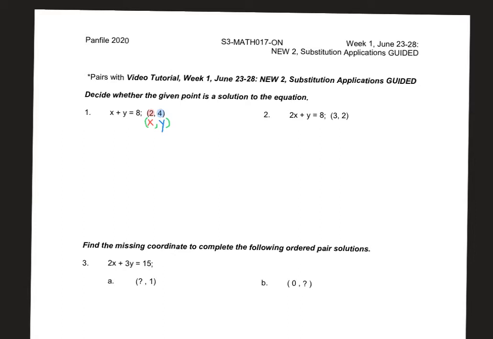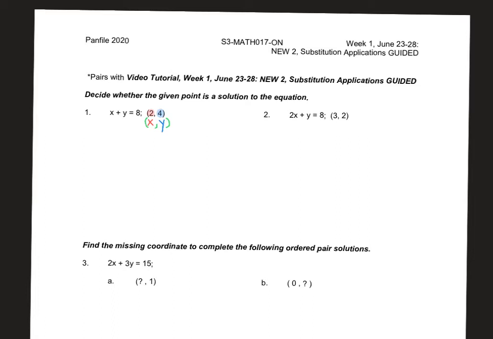Anywhere we see an x, we can replace it with the number they've provided for us. Anywhere we see a y, we can replace it with the number they have provided for us. So in this case, anytime we see an x, we can replace it with a 2, and anytime we see a y, we can replace it with a 4.